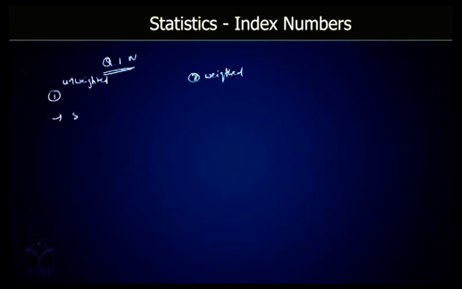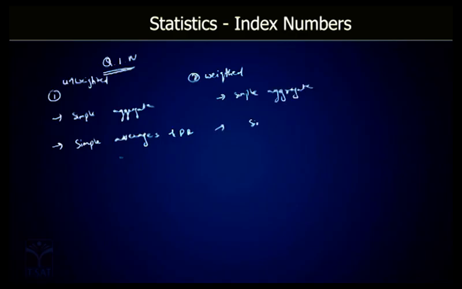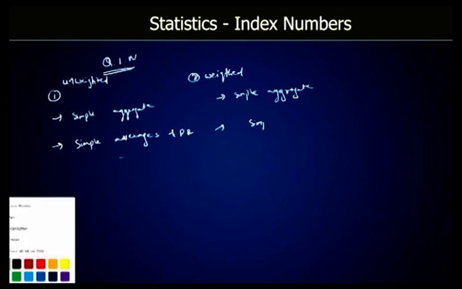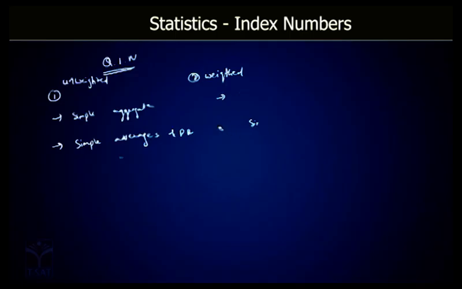In the unweighted we have again simple aggregate and simple average of price relatives, and in the weighted we have weighted aggregate and weighted averages of price relatives.